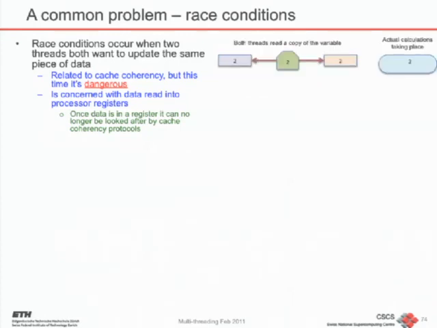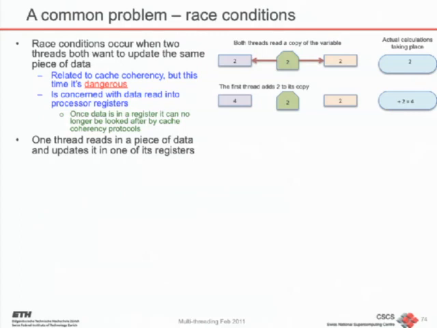So in this particular case, we'll have value 2 in the middle, a piece of data in memory or in cache, and both threads read a copy of this variable. At the moment, the value of this variable is 2.